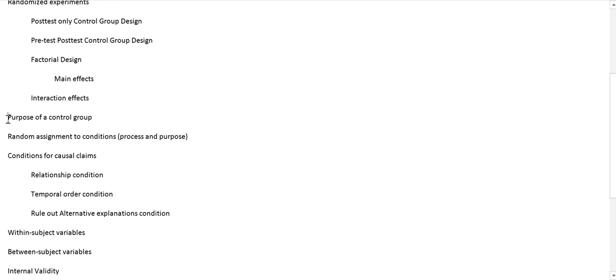So, what is the purpose of a control group? The main purpose of the control group is to provide the ability to see what would happen if we hadn't administered this treatment or intervention. Ideally, the control group is as similar as possible, treated identically to the treatment group, with the exception of whatever the critical element of the treatment is thought to be.